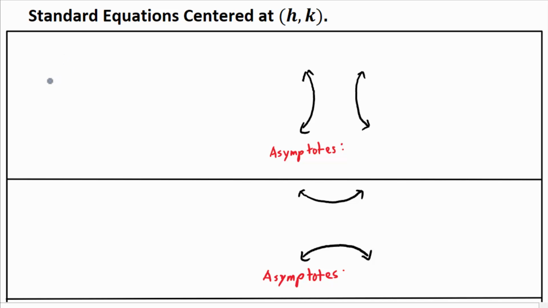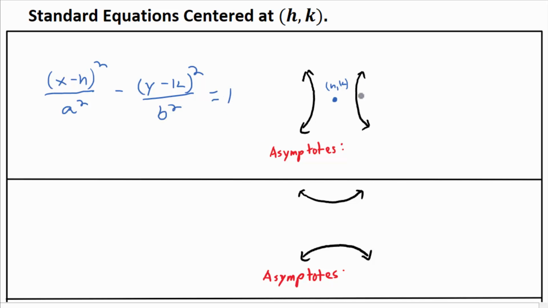Okay, the standard equations centered at (h, k). So if you have a hyperbola centered at (h, k) and it opens horizontally, then the way you adjust the formula when the center is (0, 0) is you just, instead of having an x squared, you have an (x minus h) squared. That shouldn't come as any big surprise. And then divided by a squared minus, instead of y squared, (y minus k) quantity squared over b squared equals 1.